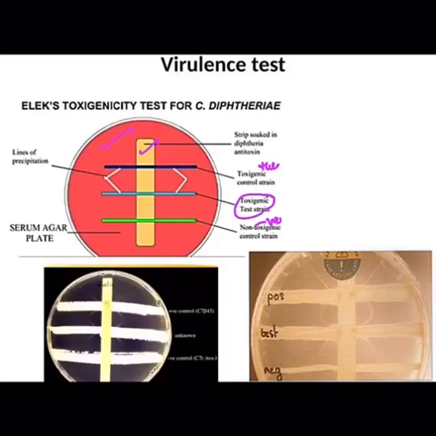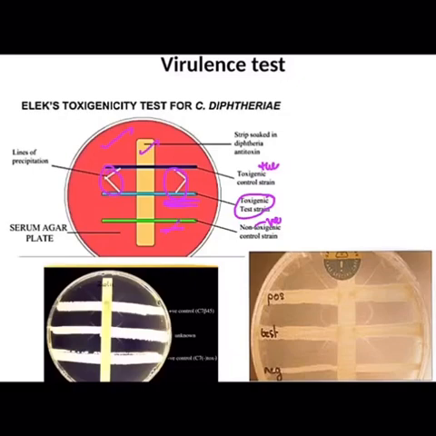So these are lines of precipitation. The toxin produced by bacterial growth diffuses into agar, where it meets the antitoxin and then it produces lines of precipitation. So it means that this test strain is toxigenic.